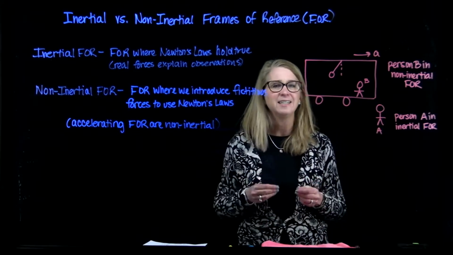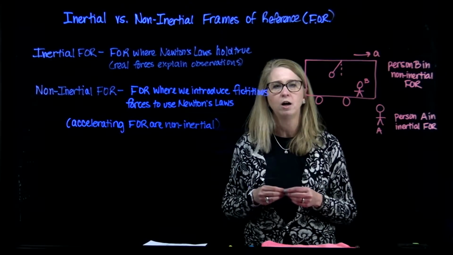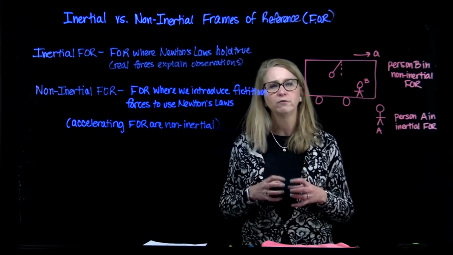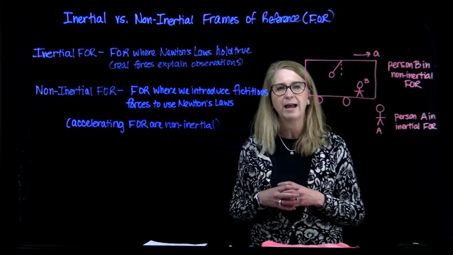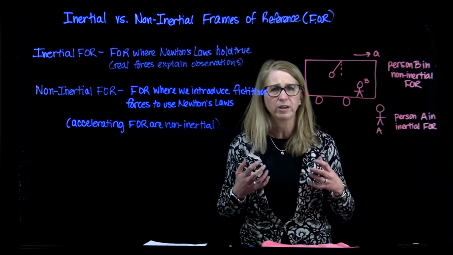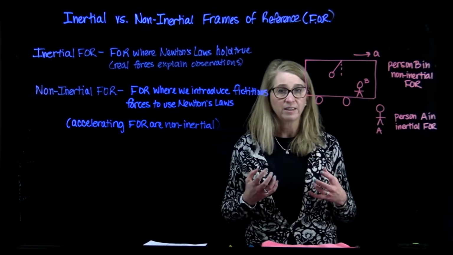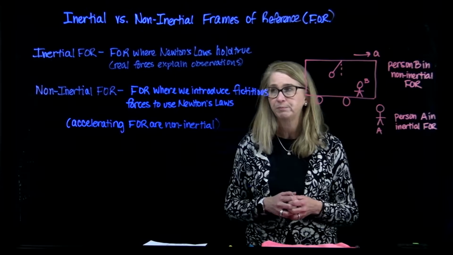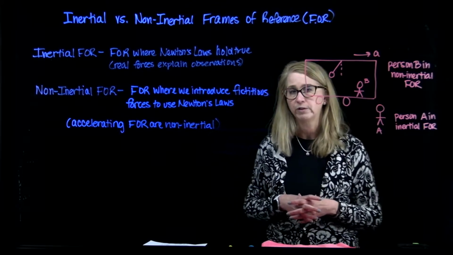But the idea is that when you're using Newton's second law and applying it to your scenario, all the forces that you're taking note of or talking about acting on an object are true forces, so things like weight and tension and friction and things like that, like real forces that we can understand how they're caused. So that's what an inertial frame of reference is.